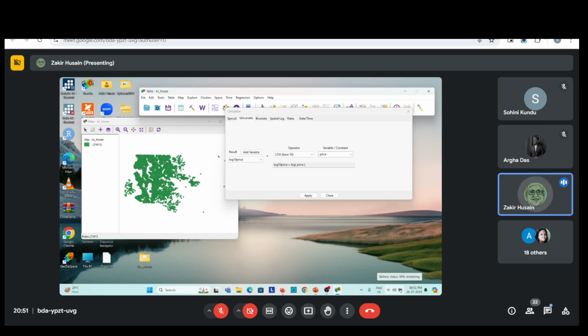The age of the building is simply 2014 minus the year in which it was built, right? Suppose the building was built in 1960. So 2014 minus 1960, how much is it? 54.